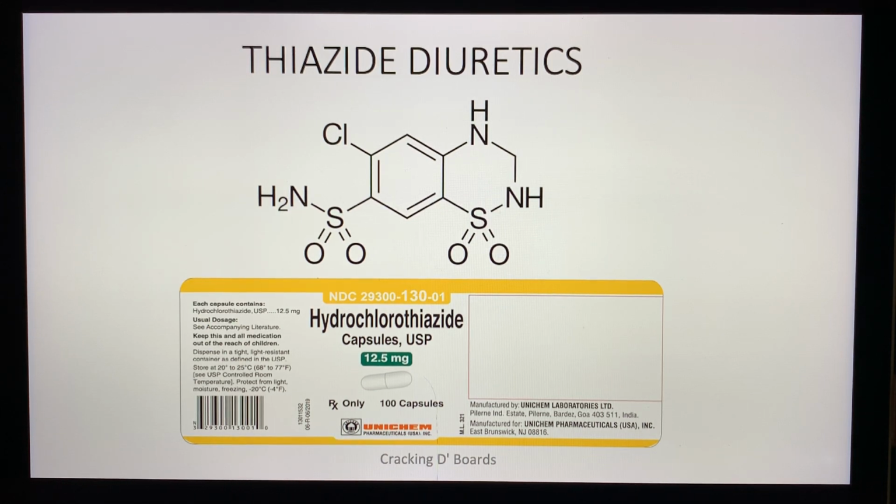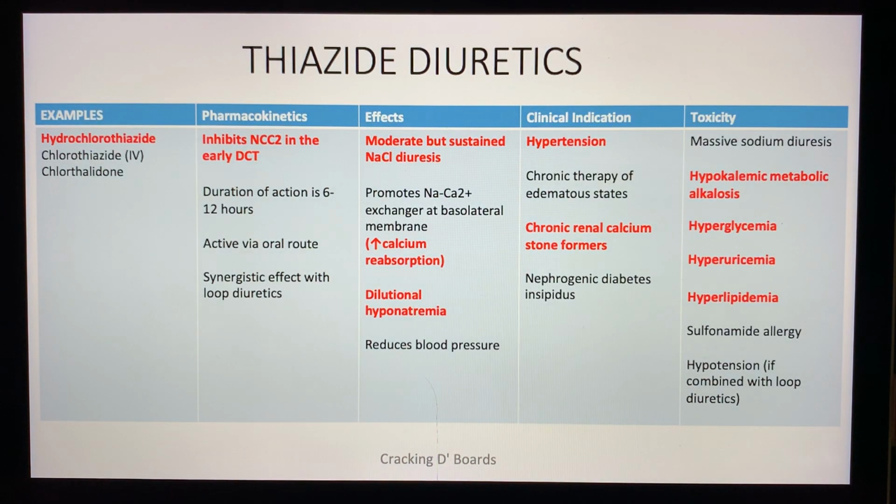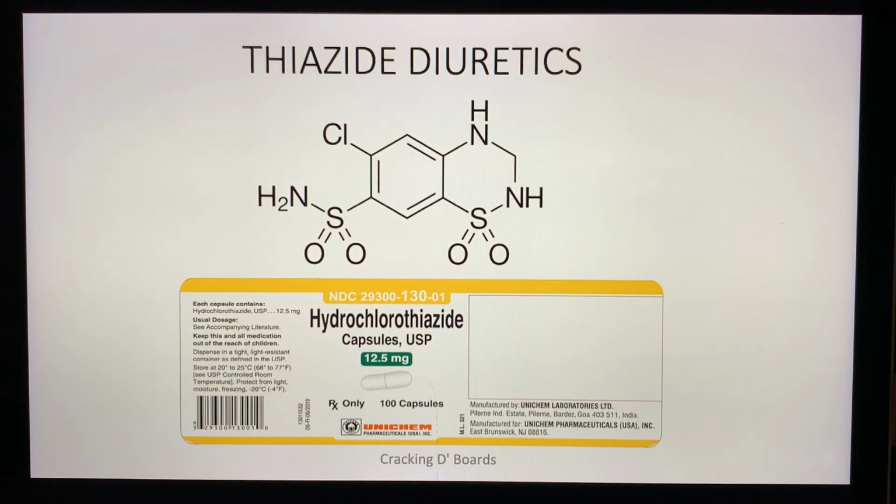Now, prototype thiazide diuretic would be your hydrochlorothiazide. Hydrochlorothiazide can be given as a sole drug or in combination with other antihypertensives.